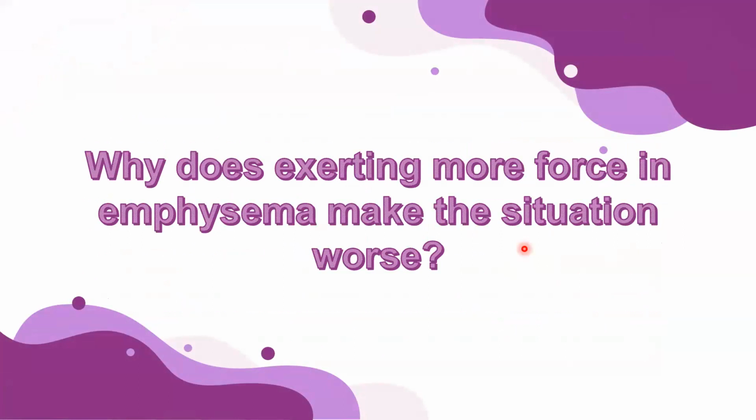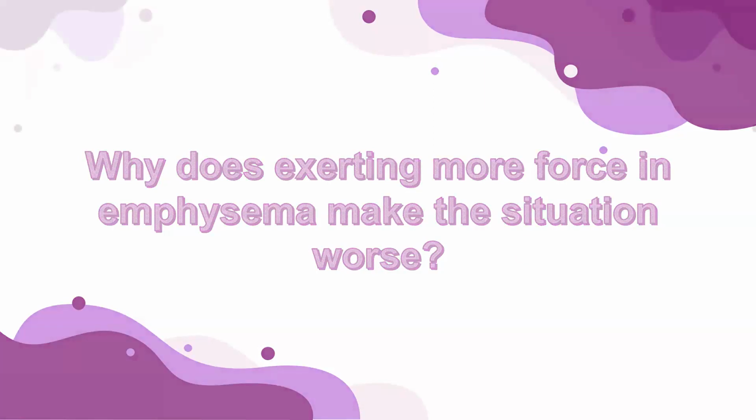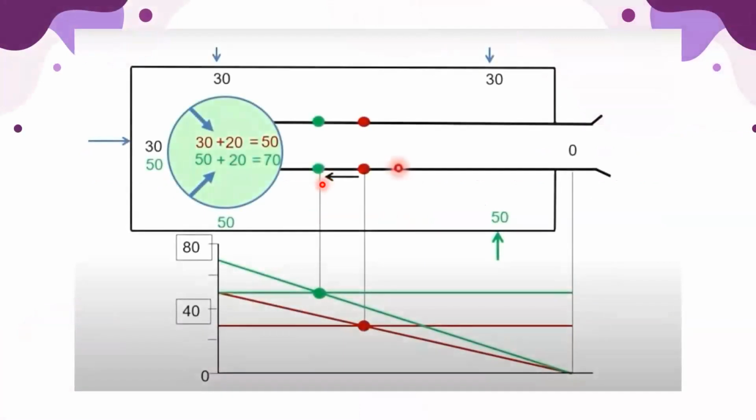Now, if you think to yourself, maybe this person who has an obstructive lung disease can exert more force in exhalation. That might actually make the situation better. However, that's not the case. Why is that? Let's say this person now is trying to put in more force during exhalation.